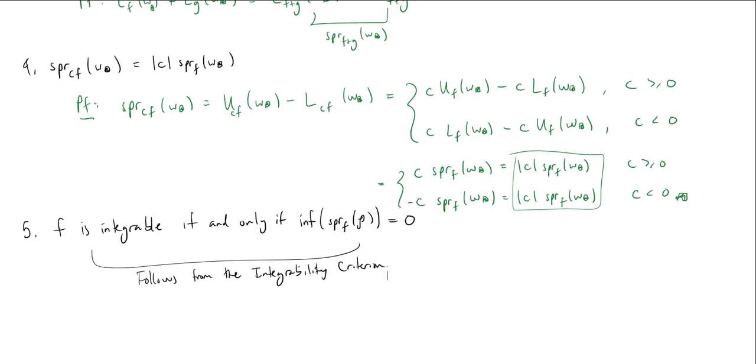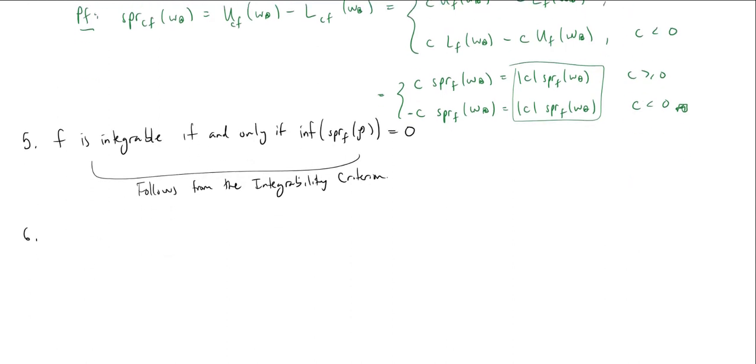Okay, number 6. In number 6, we're going to build up three different statements, 6, 7, and 8, that are all interlinked, but independently interesting.